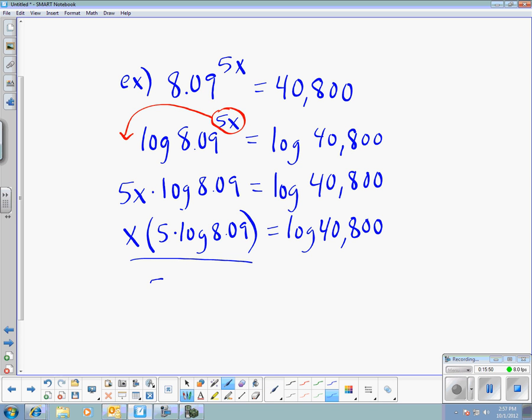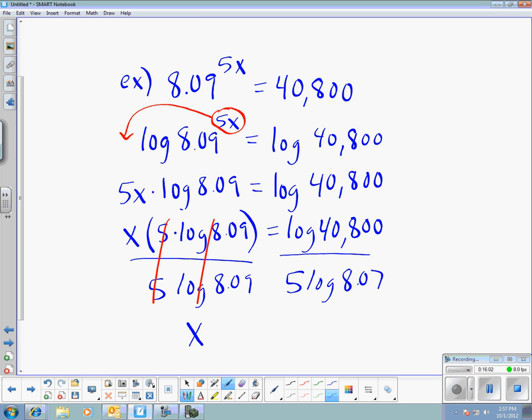I'm going to divide by 5 log 8.09. The reason I chose to divide by that is because I'll cancel it all on this side. And x equals all of this stuff, which is log of 40,800 divided by 5 times the log of 8.09.